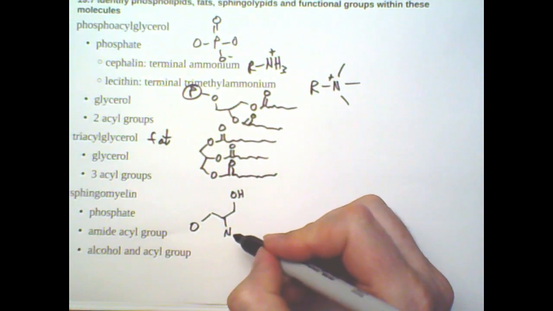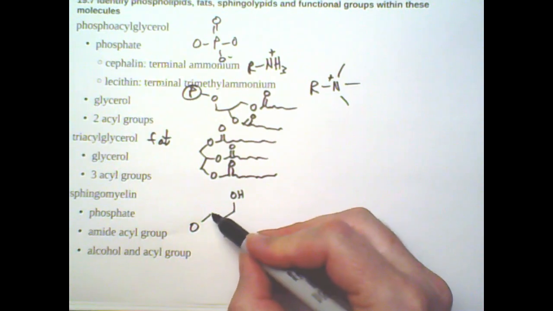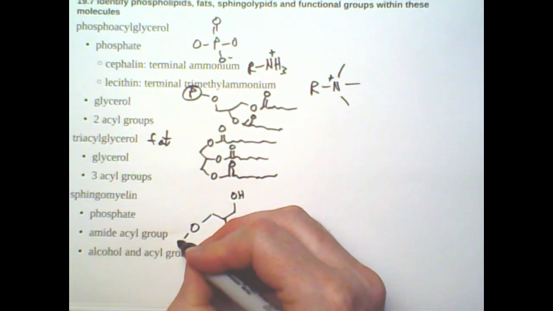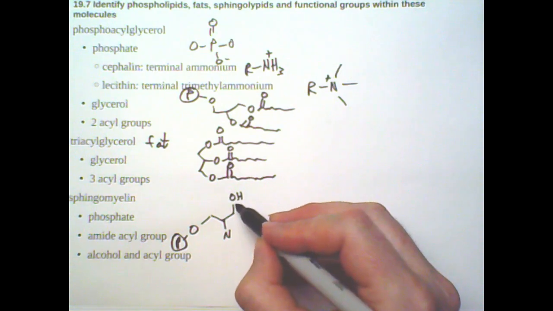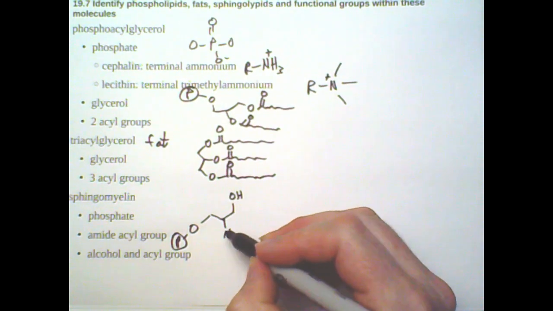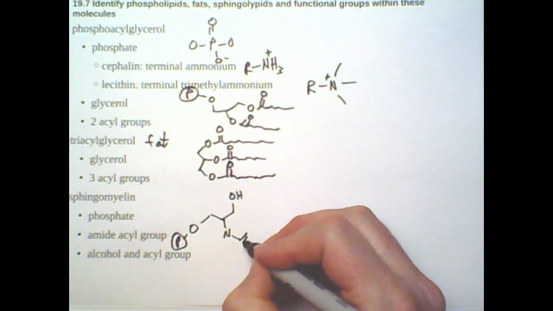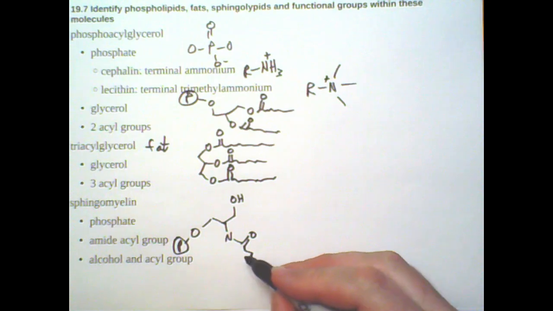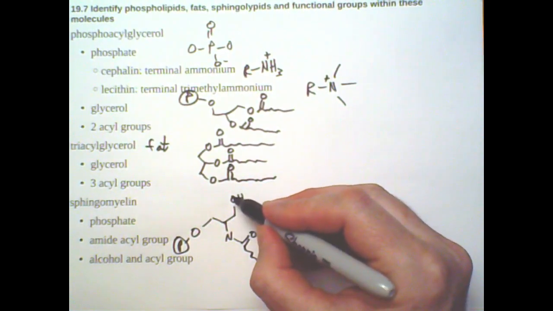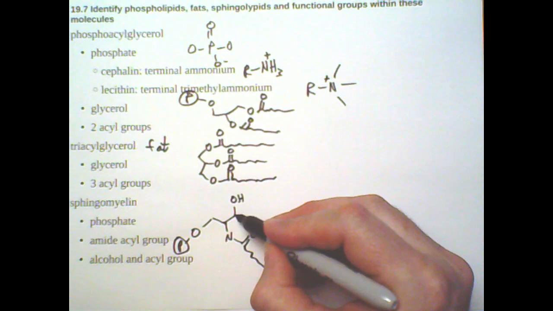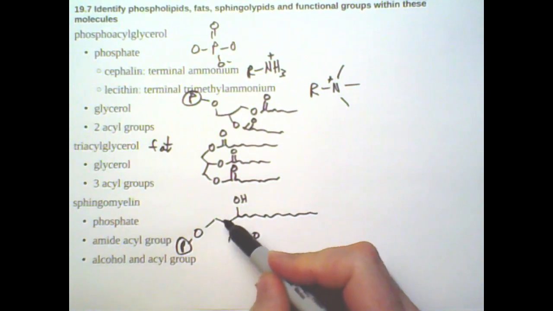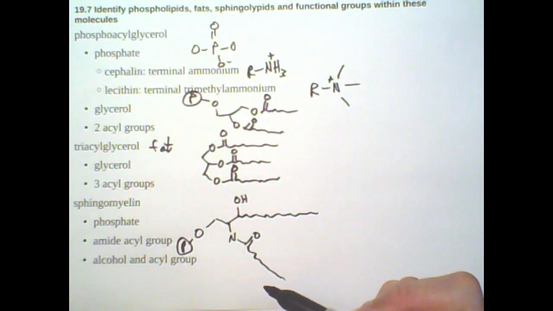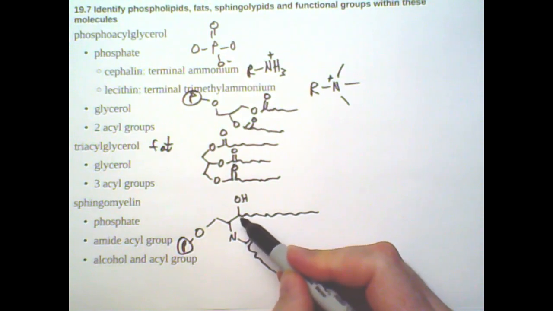You can see how it's a little bit like the glycerol with the oxygen, which then goes to a phosphate group, and an alcohol coming off on the other end, but then instead of an alcohol it has an N, which goes into an amide and a long hydrocarbon chain. And this alcohol, instead of becoming an ester, is directly connected to a long hydrocarbon chain. So it looks a little bit similar, but there are some significant chemical differences in the connectivity here.